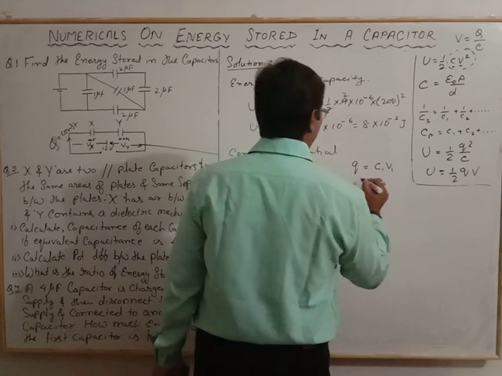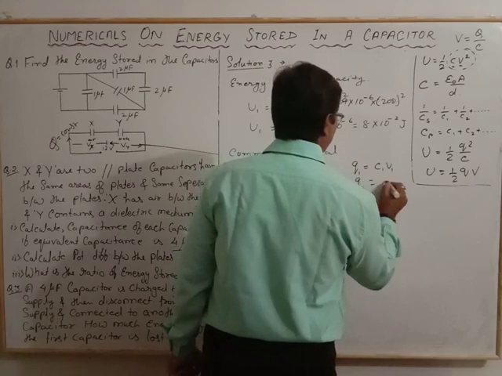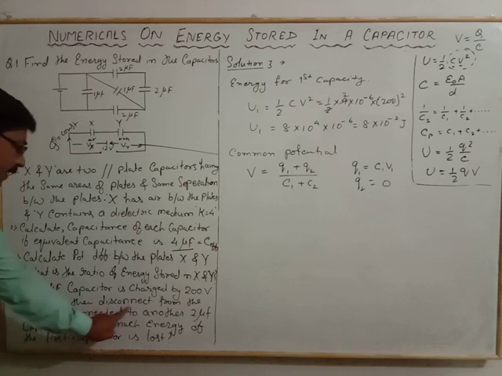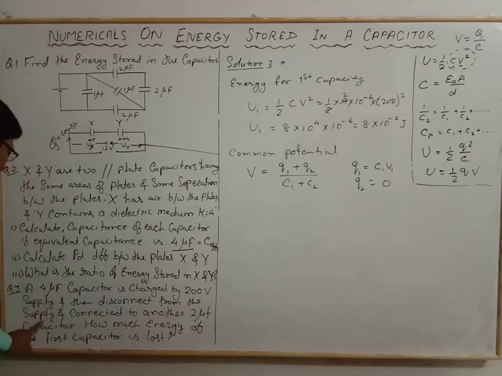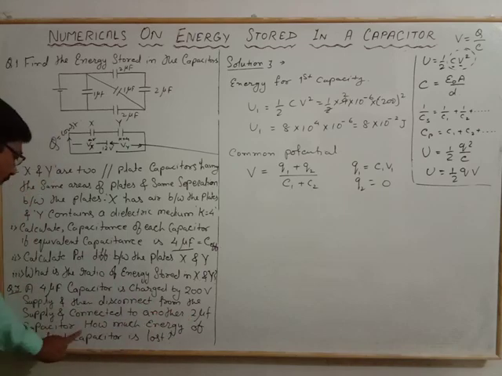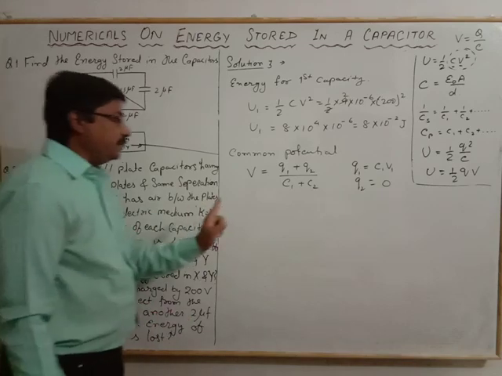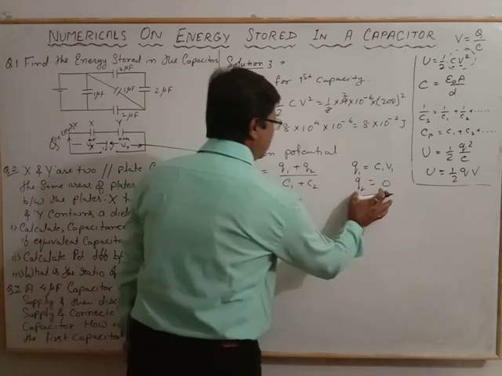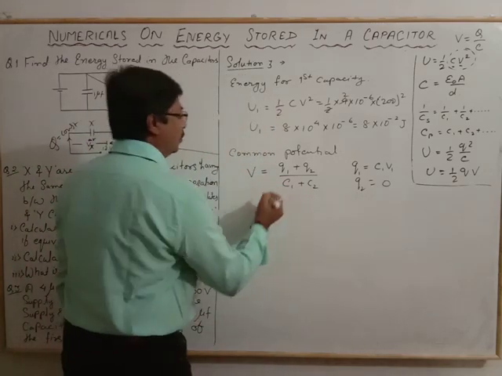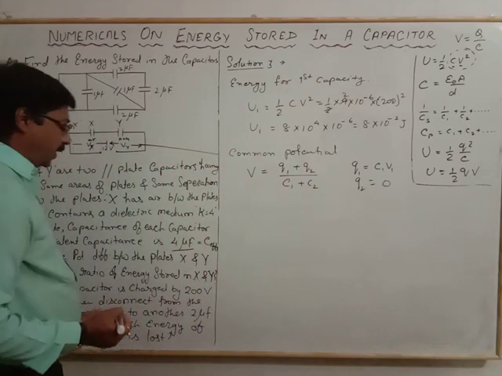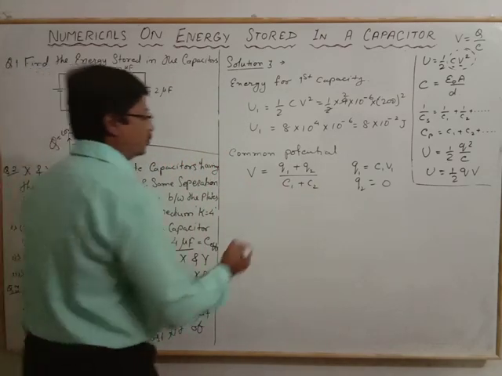And Q2 is equal to 0, because here it is written that it is disconnected from the supply and connected to another capacitor. That means that capacitor had no charge earlier. The capacitance for the first is 4 microfarad and for the second is 2 microfarad.